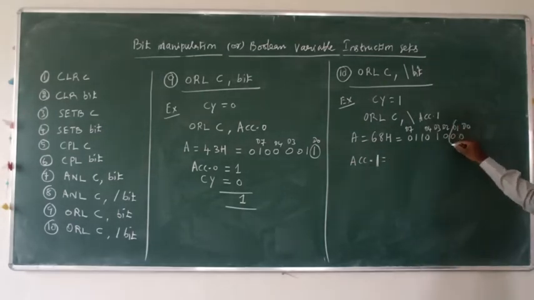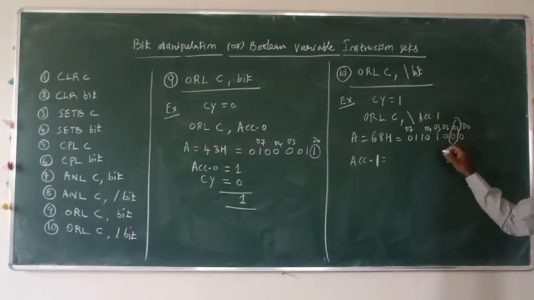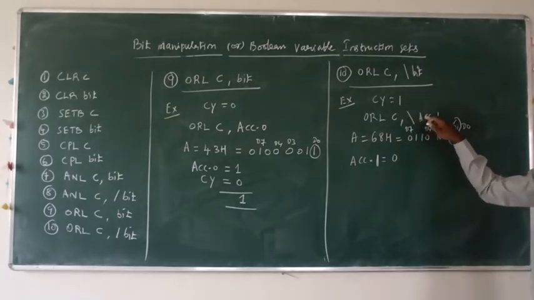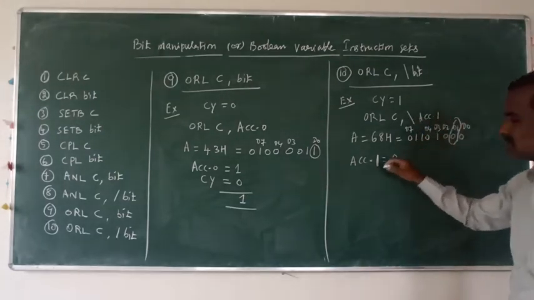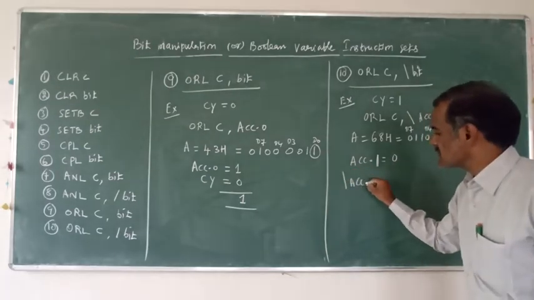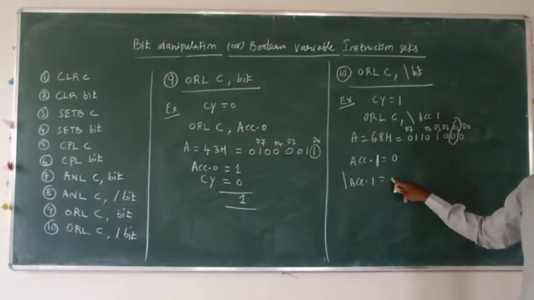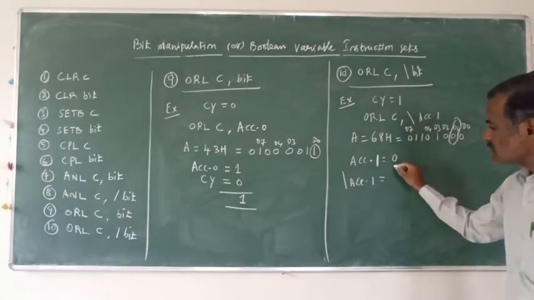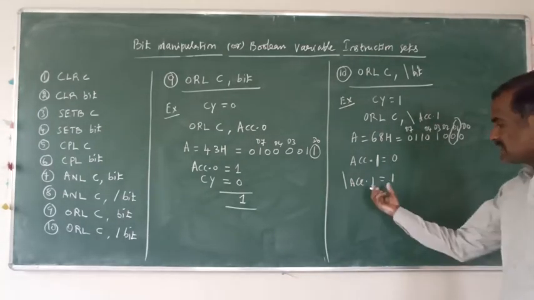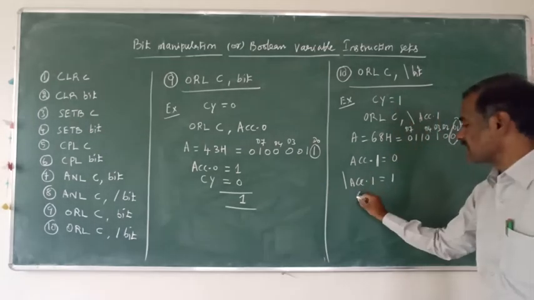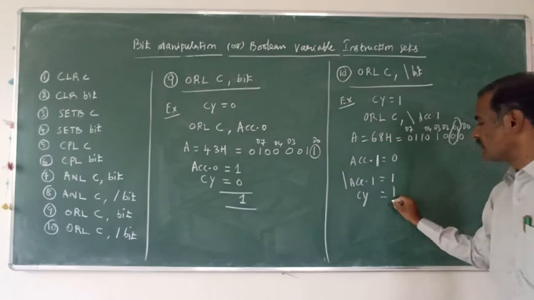What is the first position bit? 0. Now 0. Here slash means complement of that particular bit. Here the slash ACC.1 means the complement of this one. Now 0 changes into 1. This bit logically OR with carry. Now carry equal to 1.